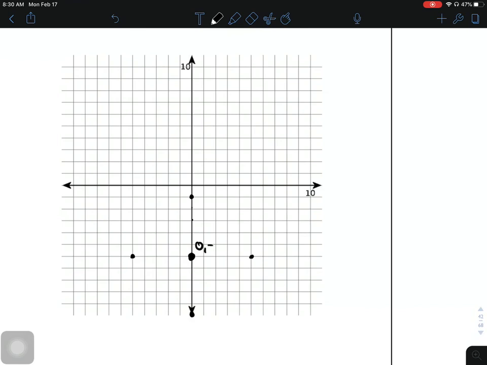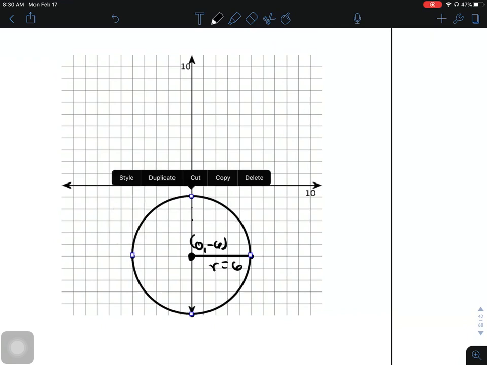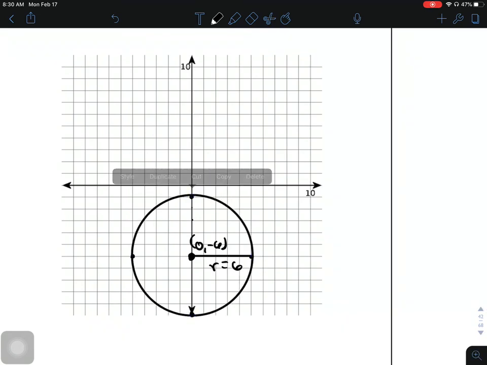Center was at 0, -6. Radius is 5. Try your best to make a circle that goes around there. Easy for me because I have a magical iPad as opposed to a regular iPad.